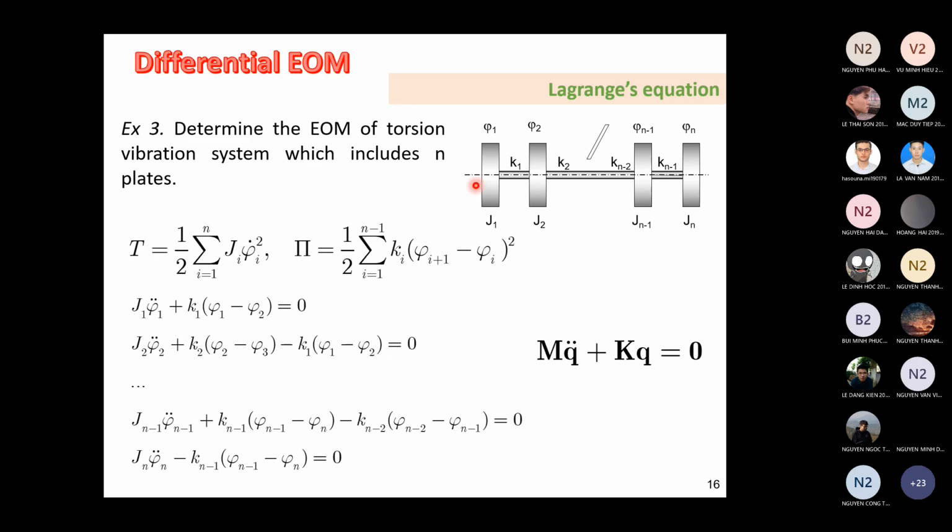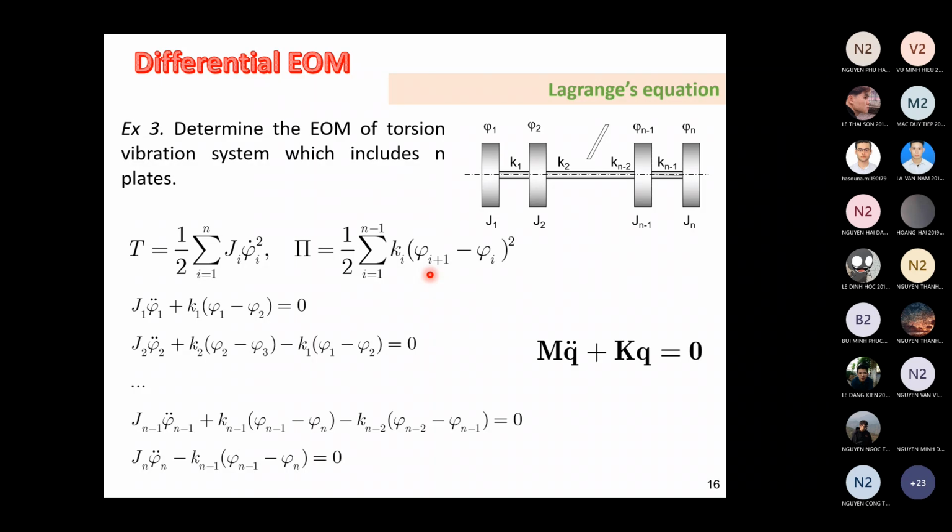So you have to calculate the kinetic energy and also the potential energy, and we can derive the matrix M.